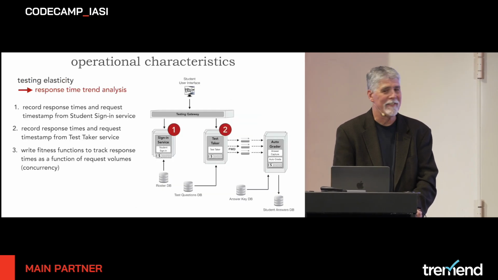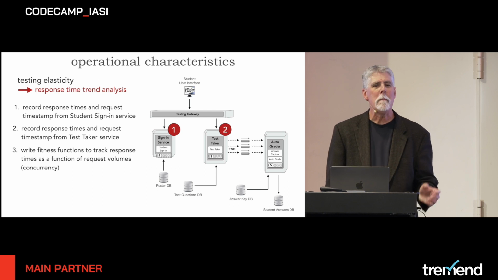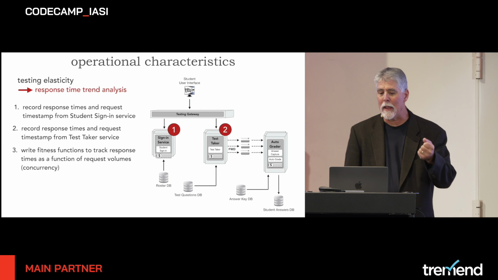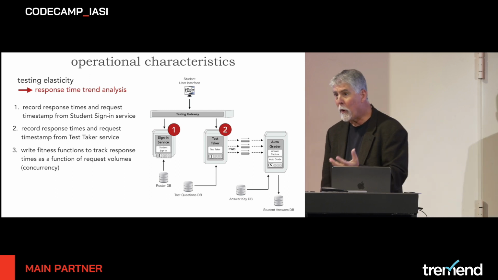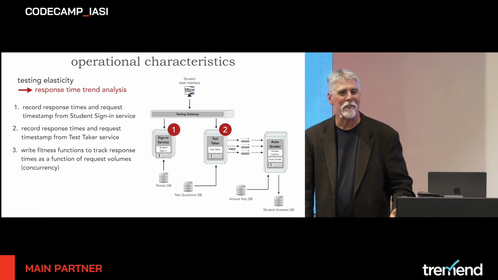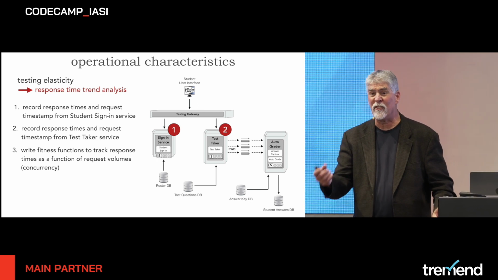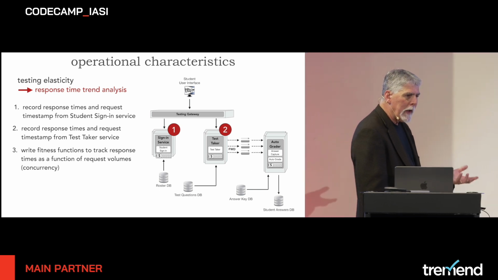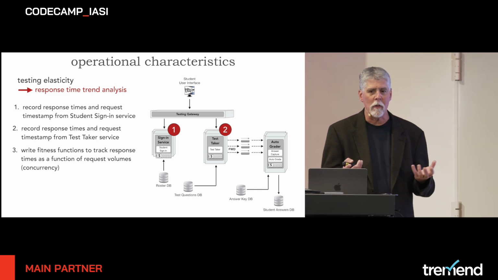Okay. Well, let's do some more interesting ones, though. How about elasticity? How will we measure and ensure that we're not impacting anything from an elastic standpoint? So we have to process potentially 200,000 student answers, perhaps every second. That's a lot. Well, what I can do is take a look at the response times.